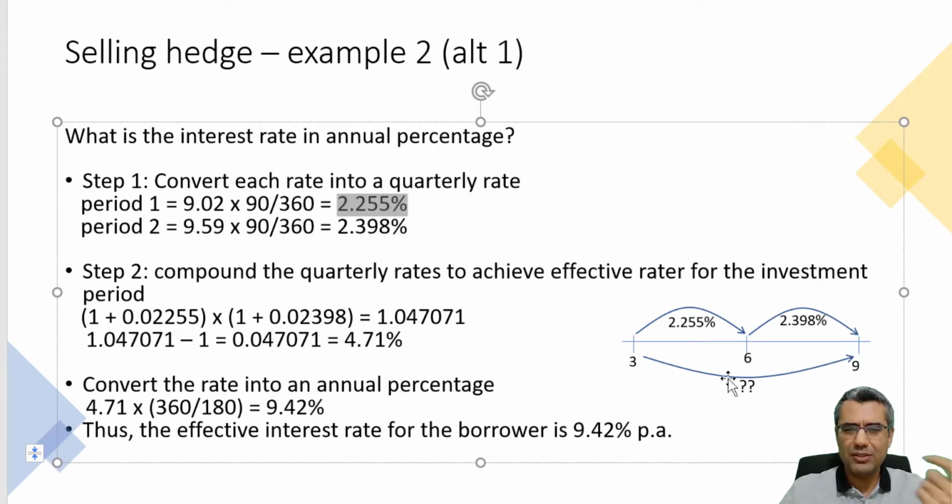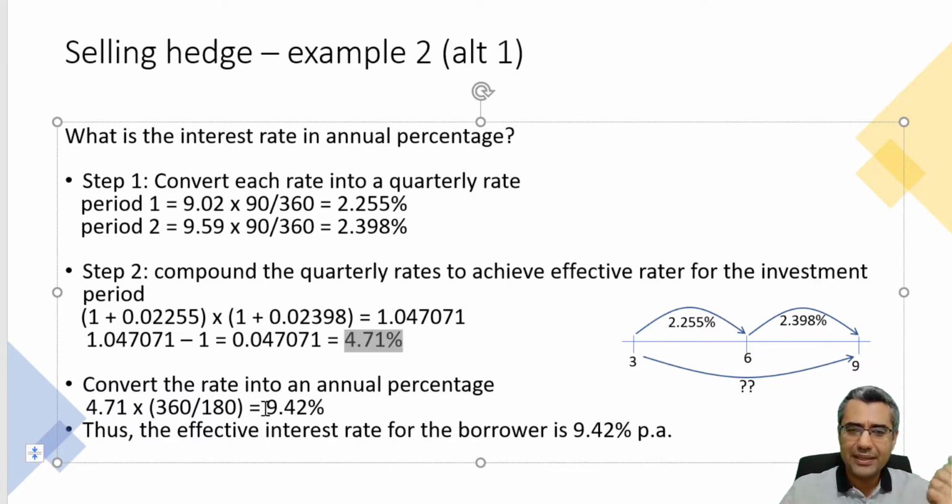For this 6-month period, we already know from previous subjects that a long-term interest rate is the average of future short-term interest rates, right? So 1 plus this interest rate multiplied by 1 plus this interest rate is 1 plus this interest rate, right? So if you compute, it will give you 4.75% for a period of 6 months.